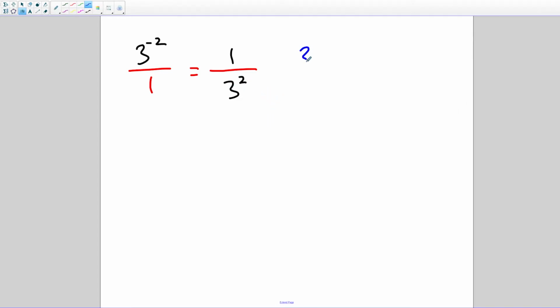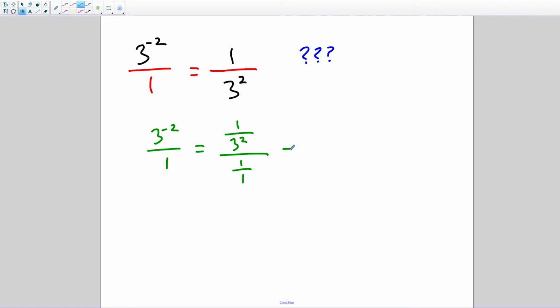You might be wondering, well, why does this work? Why am I allowed to do that? Well, let's go ahead and re-examine the question. 3 to the power of negative 2 can indeed be written as 3 to the power of negative 2 over 1. What we want to realize is if I were to rewrite this using your negative exponent law, this would be 1 over 3 squared divided by 1 over 1.